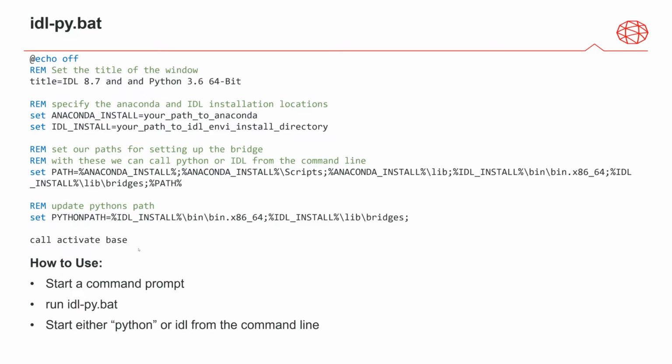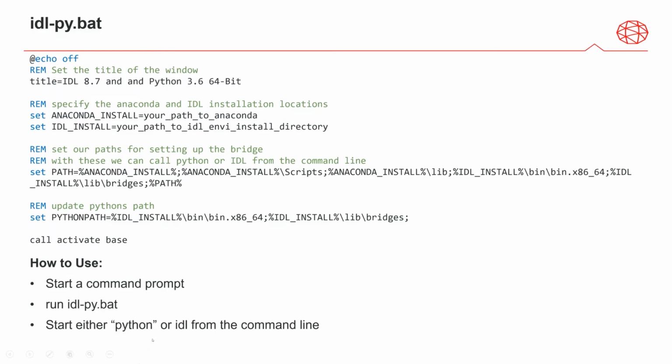Since we're using Anaconda, you can have multiple bases, or installations, so you'll activate that. When we're using ArcGIS, we'll have a very similar one. We'll talk about that when we get to that. And then you use this by starting the command prompt and running this batch file, and then you're already set up to use either Python or IDL together.